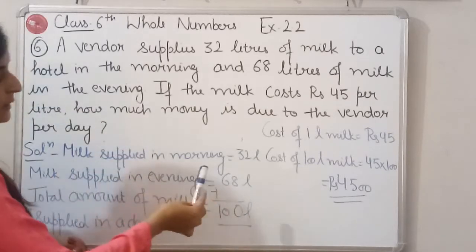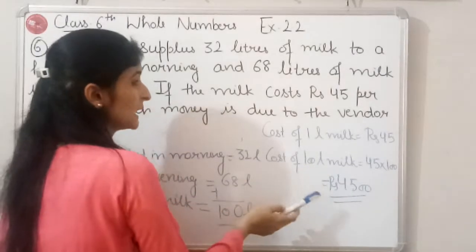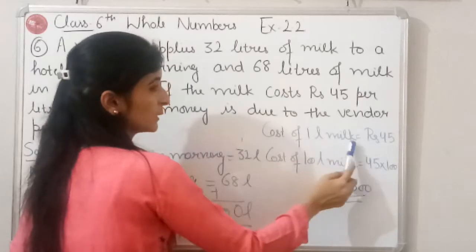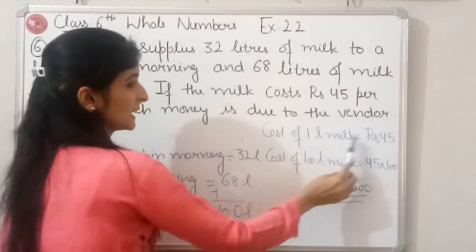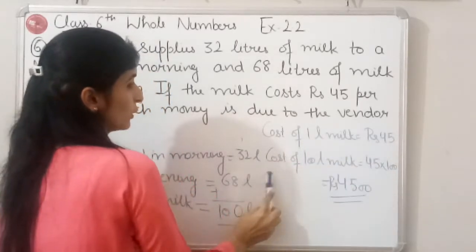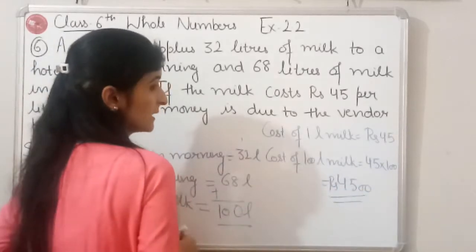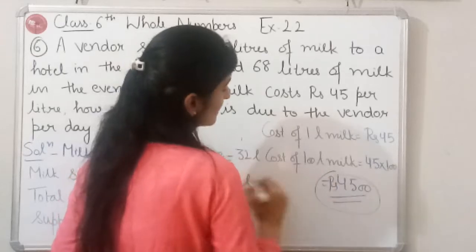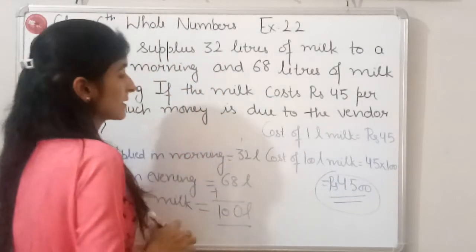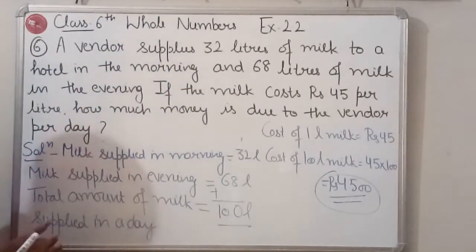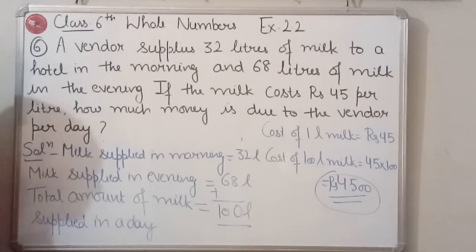Now we can find the cost of 100 liters of milk. The cost of 1 liter of milk is rupees 45. So the cost of 100 liters of milk will be 45 multiplied by 100. That is equal to rupees 4500. This is the money which is due to the vendor per day. Fine. So this is the solution of question number 6.